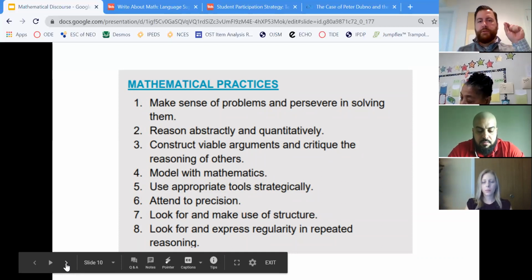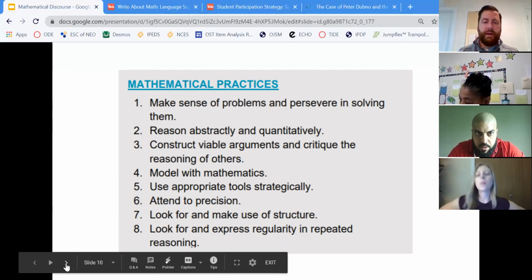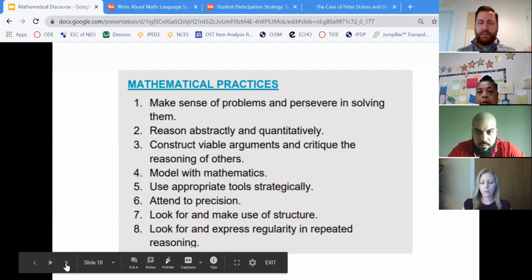But students have to know the standards in these ways, right? It's not that I know how to solve a proportion, but I also have to be able to model with it. I have to know when to use it strategically. I have to look for and make use of structure with proportions. I have to be able to reason with it. So these practices are applicable in every area, every grade level, every standard. So that's something to keep in mind.